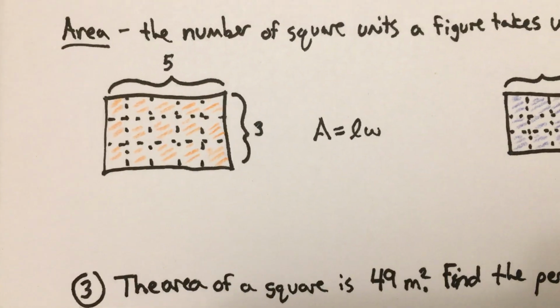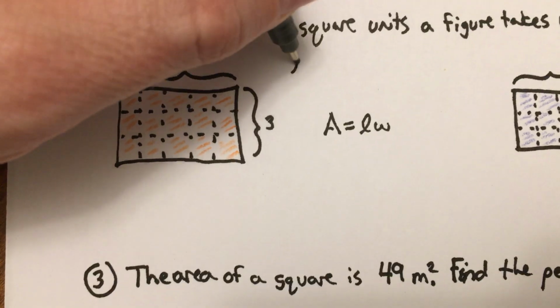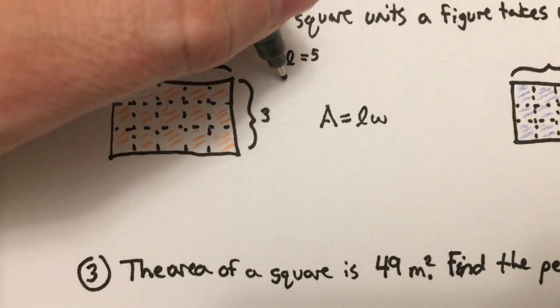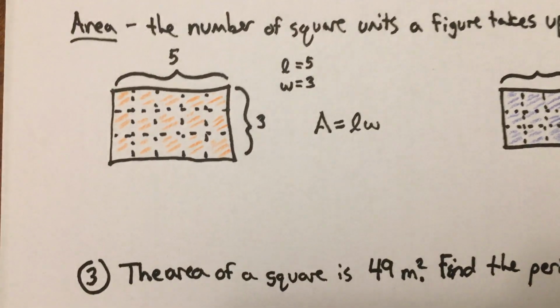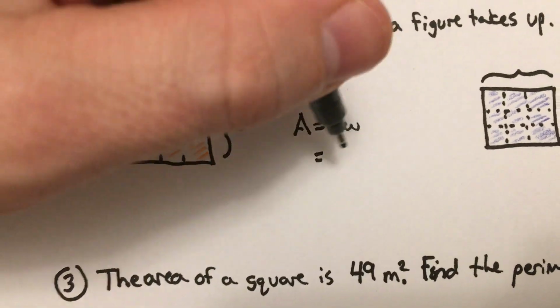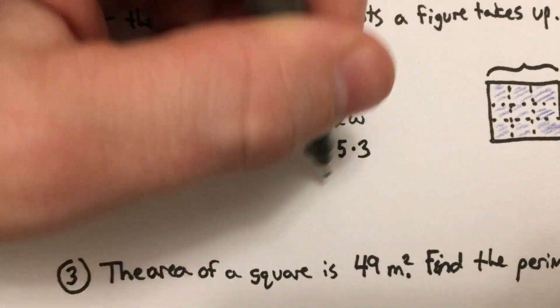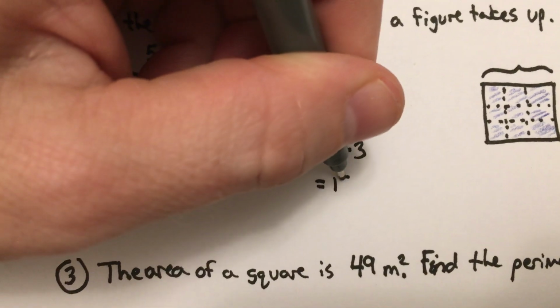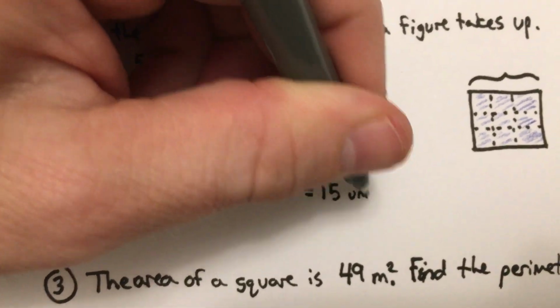So in this example that we have here, length is equal to 5 and width is equal to 3. So we're just going to plug into the formula 5 times 3, and our answer would be 15 square units.